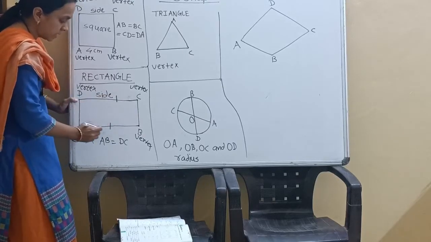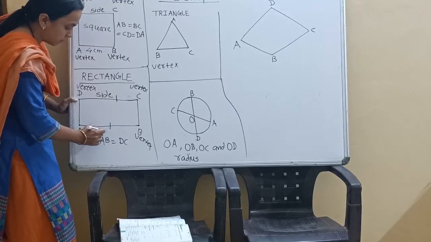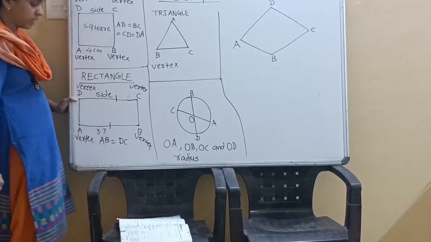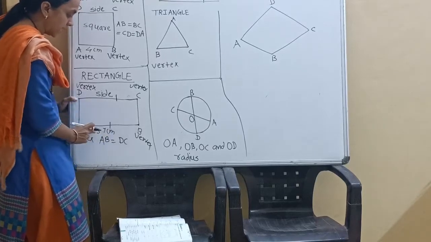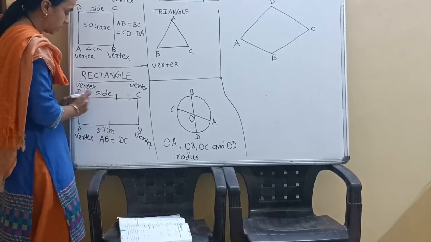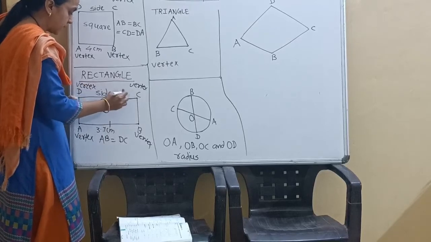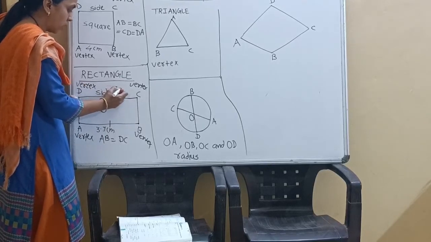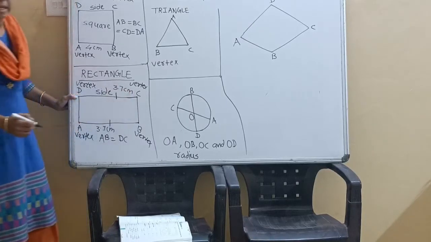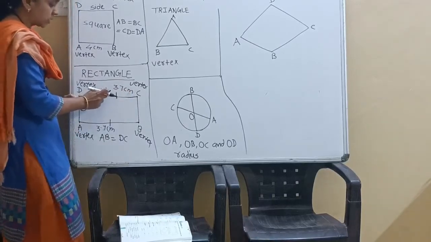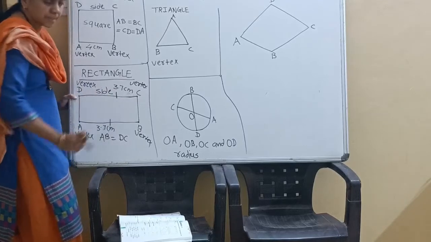Suppose this AB side is 3.7 centimeter. So CD is also 3.7 centimeter only, because these two sides are opposite sides.